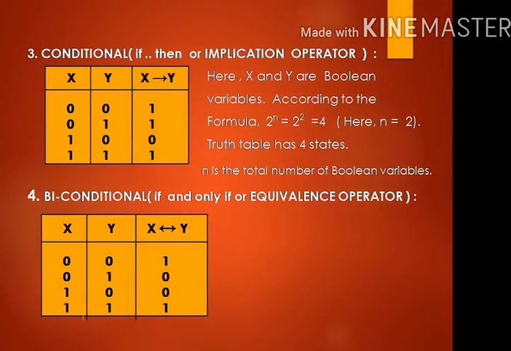The next slide is about conditional and biconditional operator. Conditional operator is also known as implication operator. Here x and y are Boolean variables. So 2 Boolean variables, according to the formula 2 to the power n, where n value is equal to 2, 4 states are available.